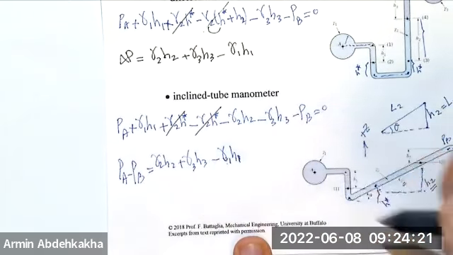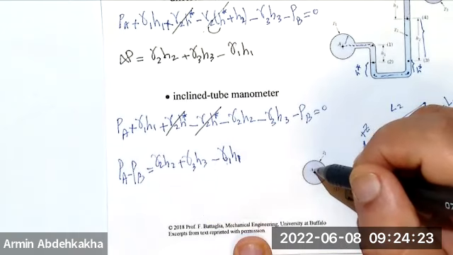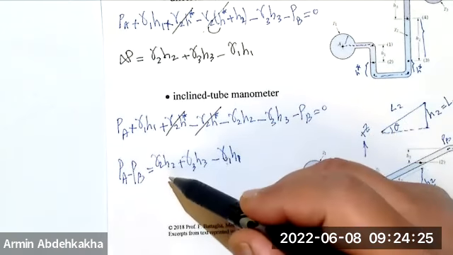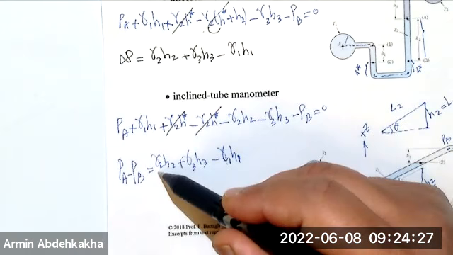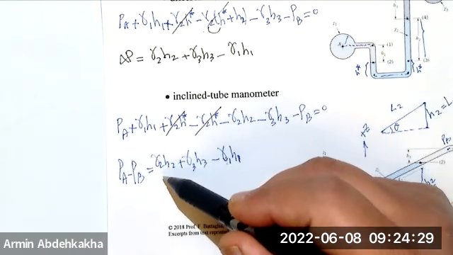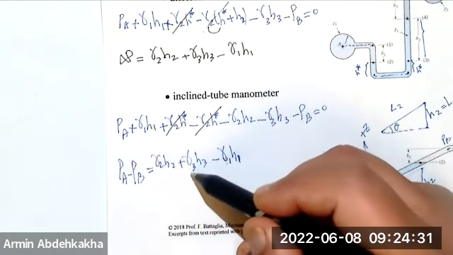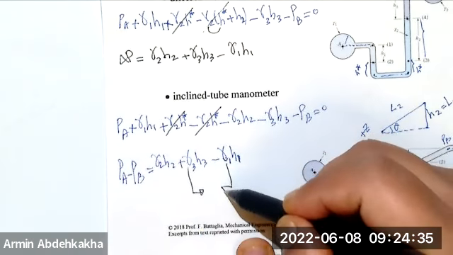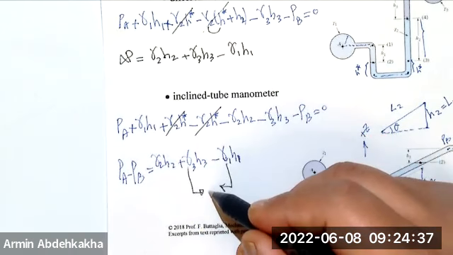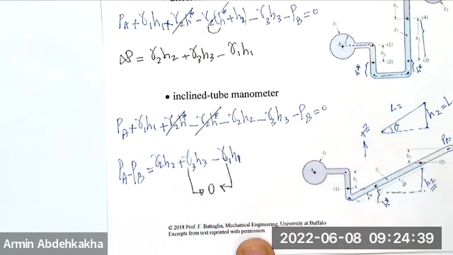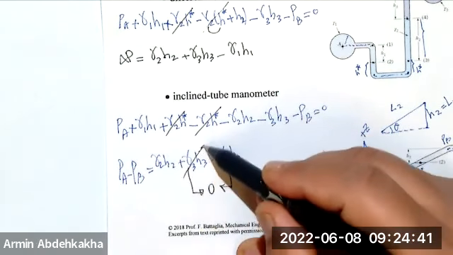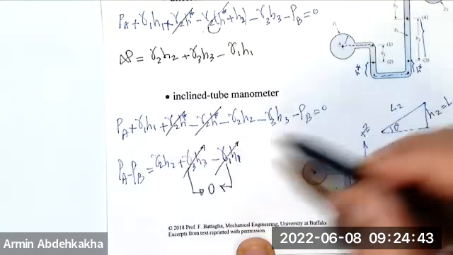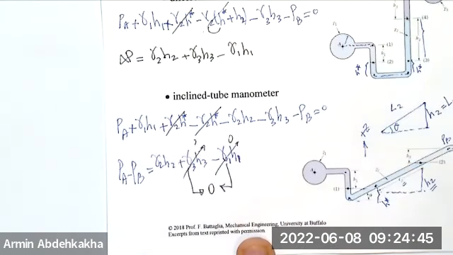So if these are gases, then gamma 1 and gamma 3 could be equal to 0, right? Then you can cancel out these two, not cancel out gamma 2, then the delta P is going to be only the pressure difference, right?